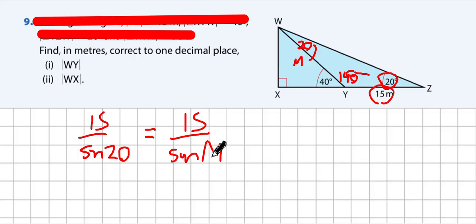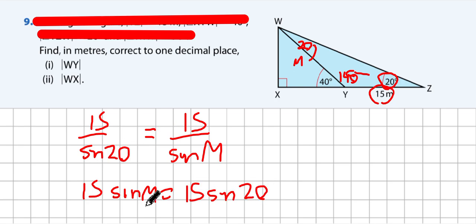We get sine M on its own. So how are you going to do that? How do you get sine M on its own? It's division on the right, so 15 sine M, yeah. The sine 20, division on the left. Multiplication on the right. Is sine M on its own?